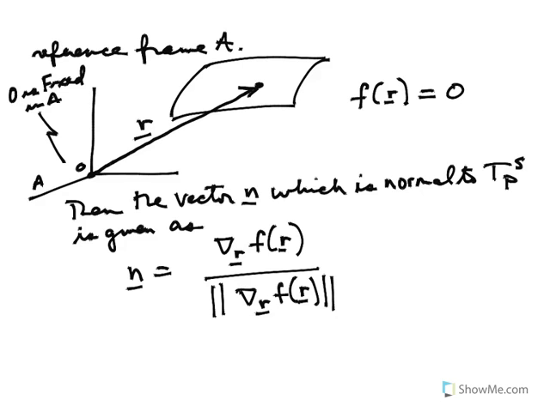So that gives me the model now for the normal or the reaction force in terms of the direction n, which is in terms of the gradient of the surface.